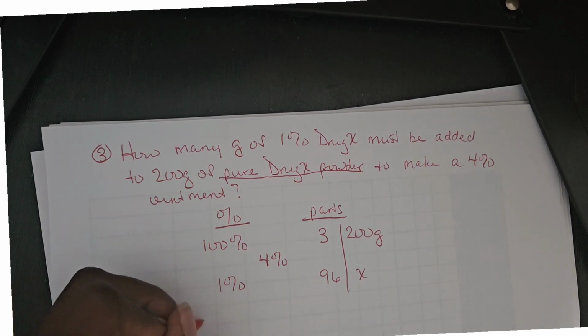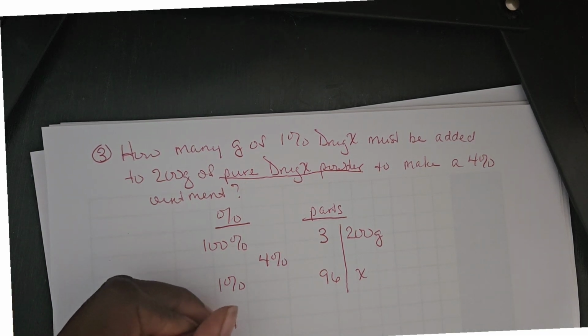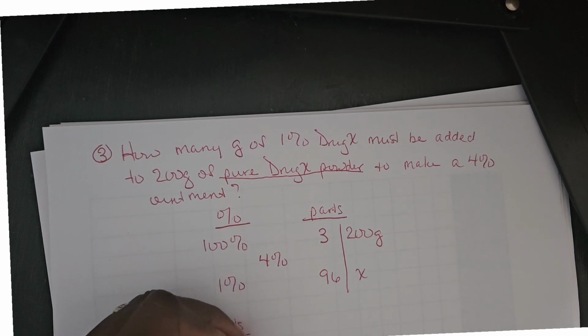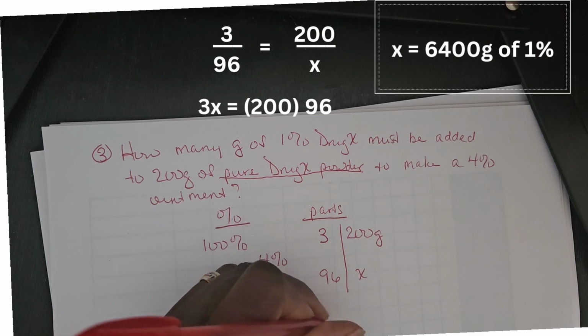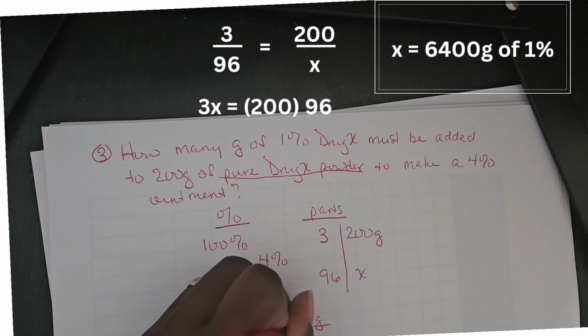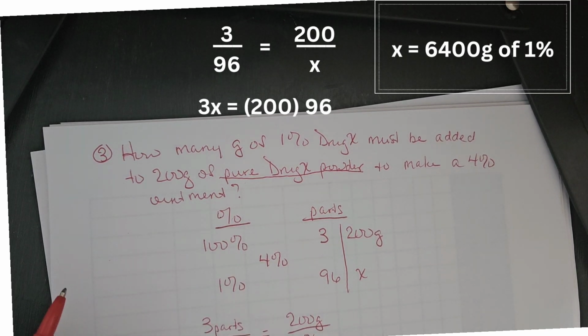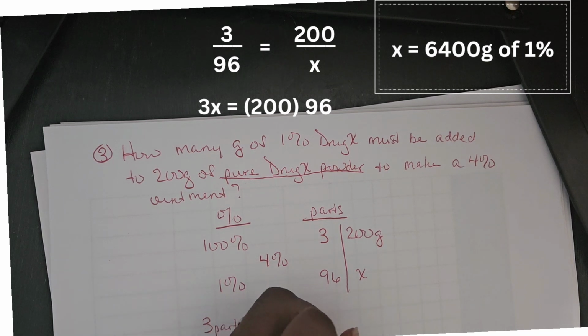So I'm going to say 3 parts over 96 parts equals 200 grams over X. At this point, I do my multiplication. I say 3X equals 200 times 96, right?